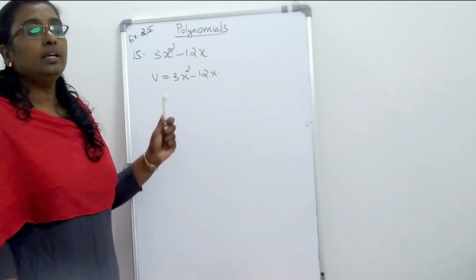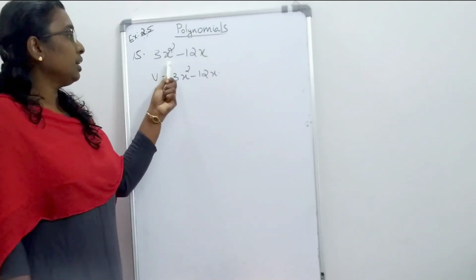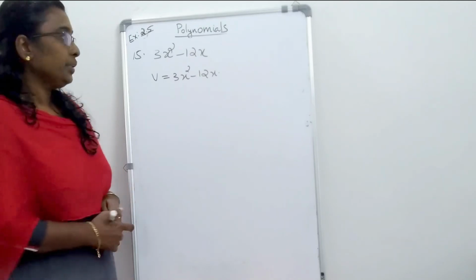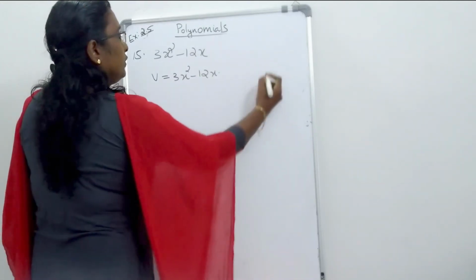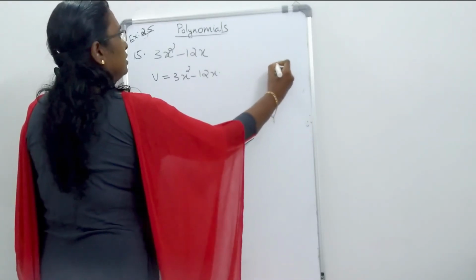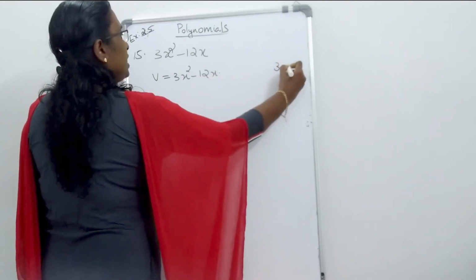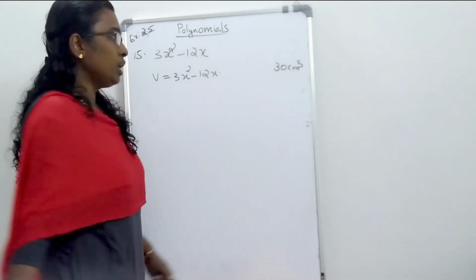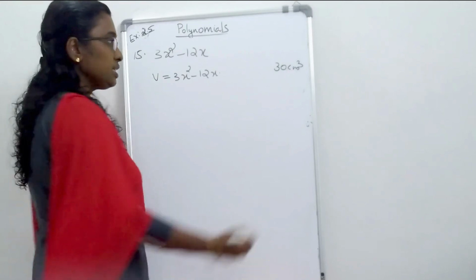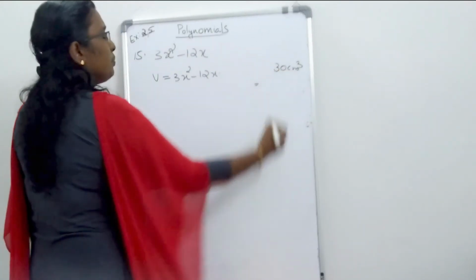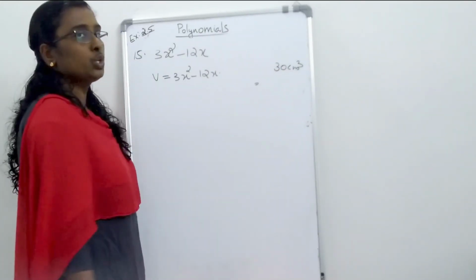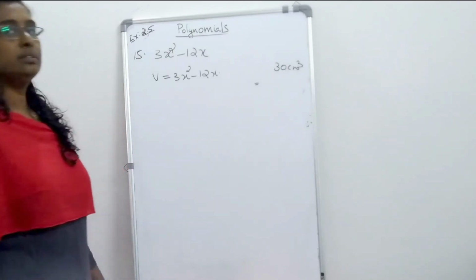See here, if the volume of a cuboid is 30 centimeter cube, what are the possible dimensions of this cuboid? That is length, breadth and height.